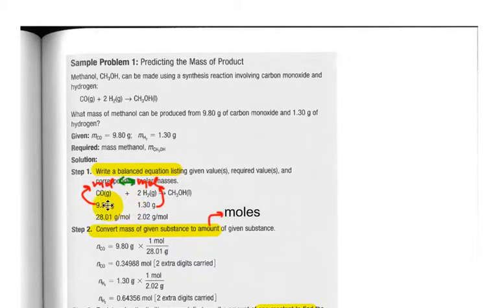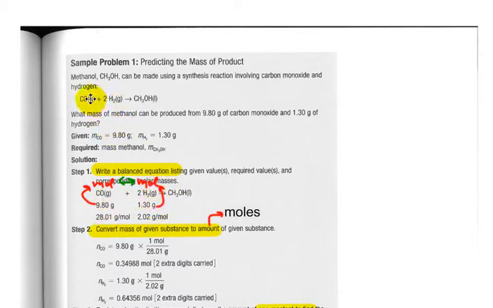So 9.8 grams of carbon monoxide, 1.30 grams of hydrogen, and the question eventually is going to involve determining the mass of methanol. To determine which one of these is limiting, we're going to be using the mole ratio here, the 1 to 2 mole ratio. And of course, in order to use the mole ratio, you need to have these reactants in moles.